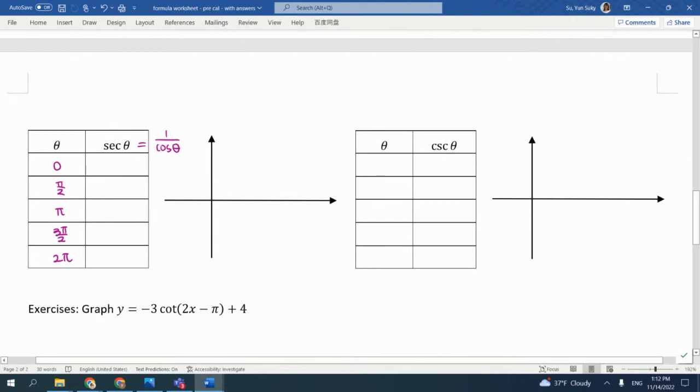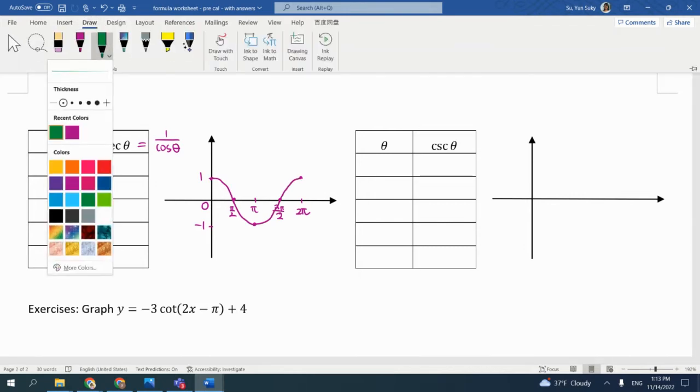So draw the cosine first. Cosine is a wave, but it starts with what? 1. So pi over 2, 3 pi over 2, and 2 pi. Cosine starts with 1, 0, -1, 0, and 1. So this is cosine.